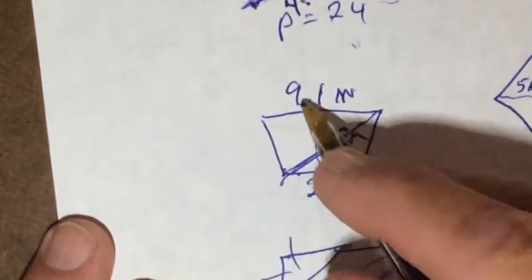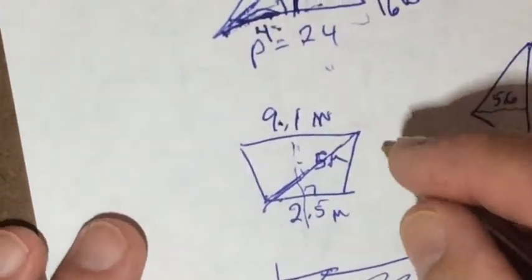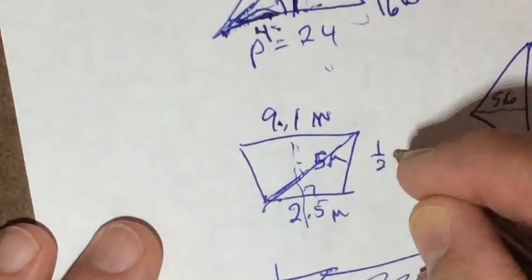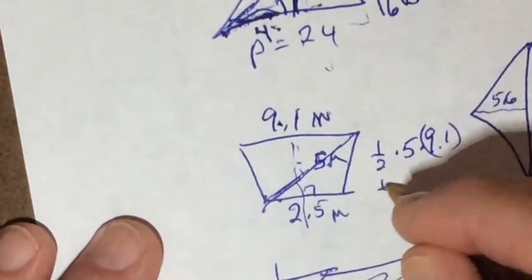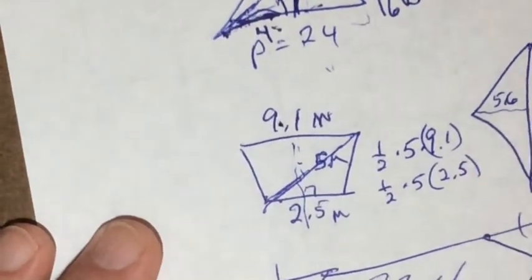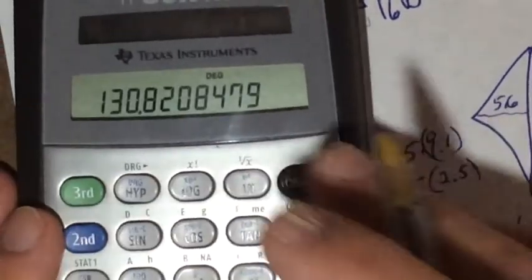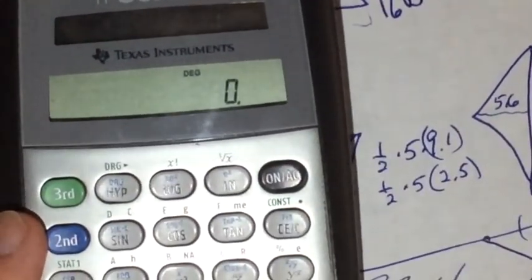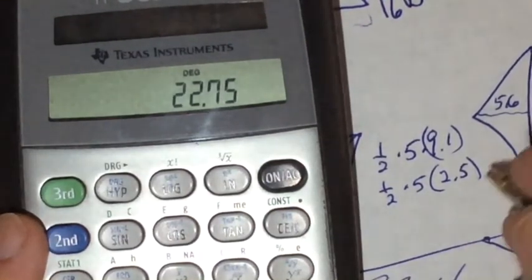Here are two triangles, one with a base of 9.1, the other with a base of 2.5. Both of them have a height of 5. So 1/2 times 5 times 9.1 plus 1/2 of 5 times 2.5. Well, once again, it's good to have a calculator. 9.1 times 5 divided by 2 is 22.75.